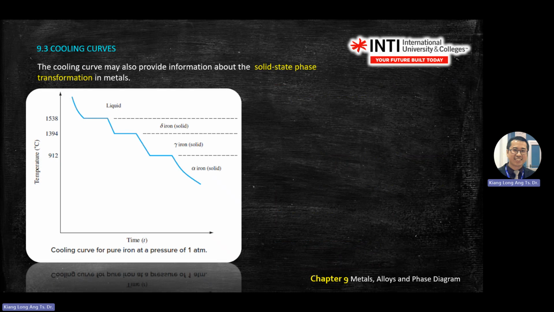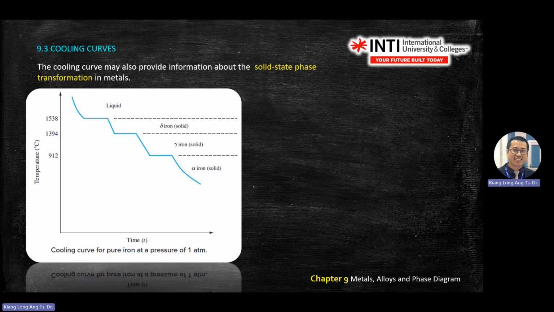Another one is about metal. This one is very direct. If you drop the temperature from 1538 to 900-something, and below 900-something, the phases of the metal will change. This is versus time. If you are above melting temperature, it is still liquid.